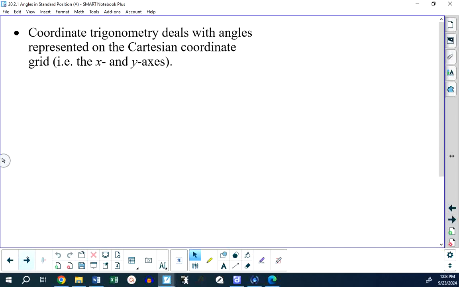So the Cartesian coordinate grid is something that we use whenever we're dealing with coordinate trigonometry. Coordinate trigonometry deals with angles represented on the Cartesian coordinate grid. That's named after René Descartes, mathematician, philosopher from a very long time ago, who invented the concept of having x and y axes to plot points and to describe mathematical relationships.